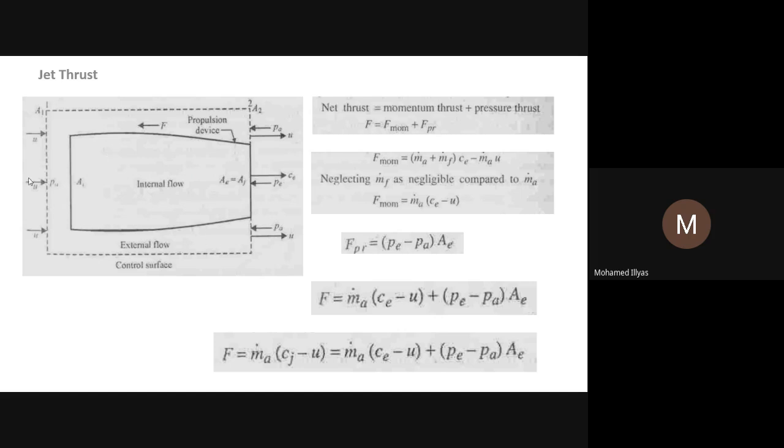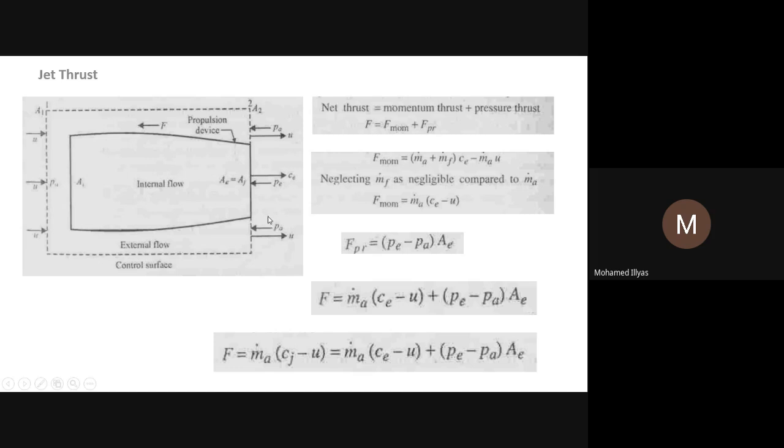What is the minimum pressure here? Only atmospheric pressure, right? Beyond that we cannot reduce it, because the minimum pressure is the surrounding pressure. So the gas pressure is reducing, and correspondingly velocity is increasing there.